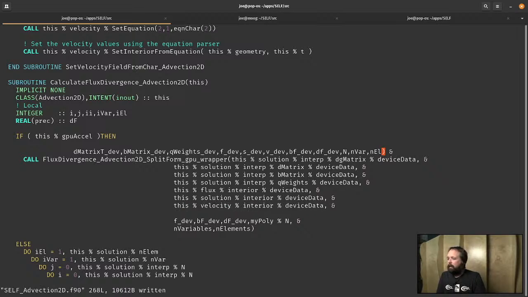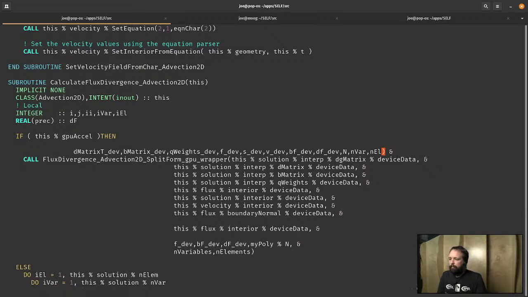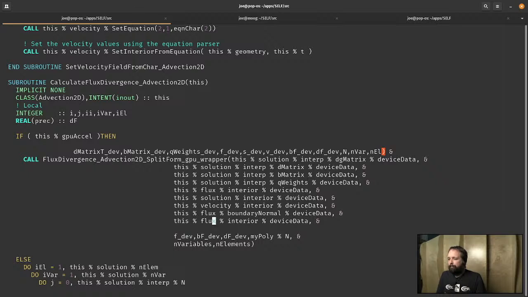All right, now I need the boundary flux. So at the boundary normal flux, remember, got to do that. So let's grab this guy, and let's change the interior to boundary normal. And then we need the flux divergence. Okay, almost there.